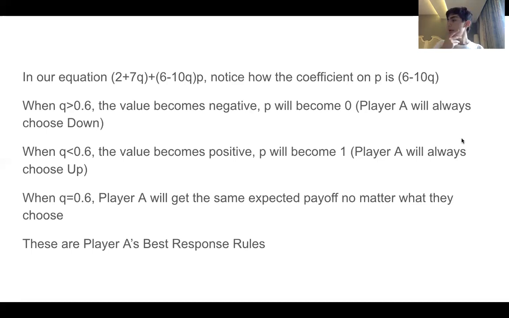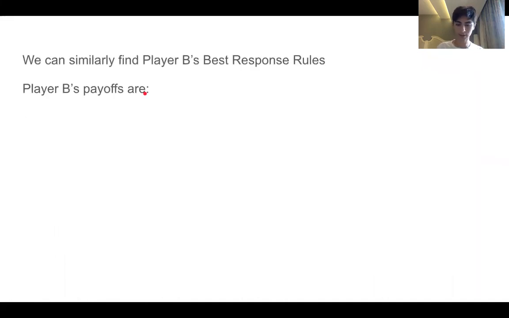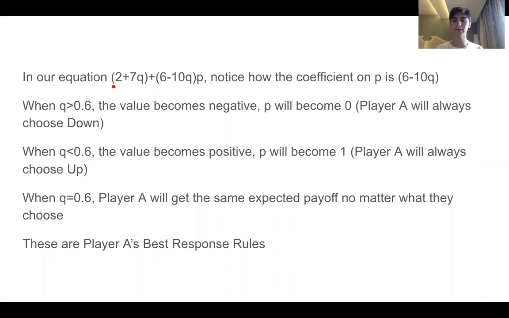Okay, maybe, yes, but let me try to explain it better because I don't think I explained it very well. Whenever I click back onto the PowerPoint, it advances a slide. In our equation, this is the equation for player A, right? Player A can only manipulate P. So whenever this part starts taking away from their payoff, player A is simply never going to choose it.